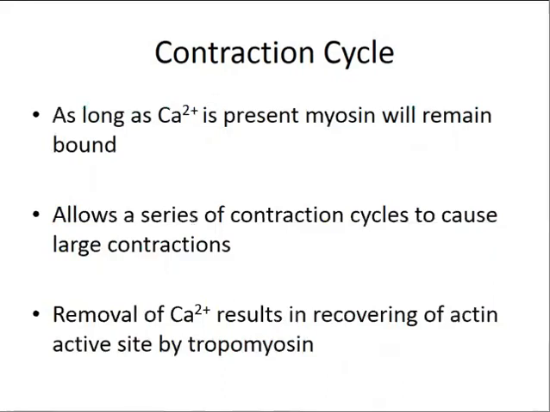As long as calcium is present in the cytosol of our cell, the actin active site will remain exposed. And as long as the actin active site is exposed, we will have myosin-actin cross bridges being formed and force being generated.